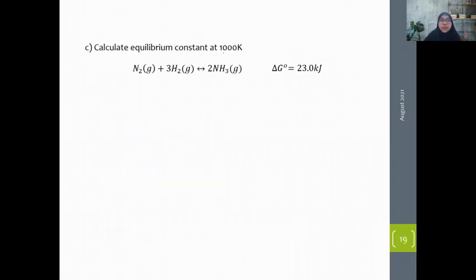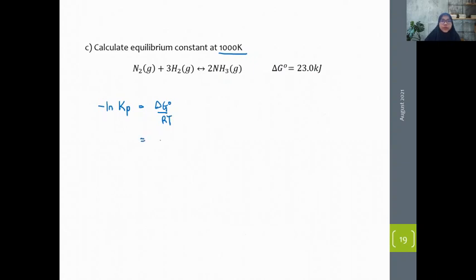Okay, we have the given temperature is 1000 Kelvin, and then the delta G is positive. So minus ln Kp equal to delta G over RT.